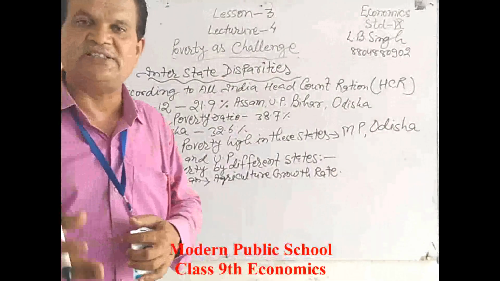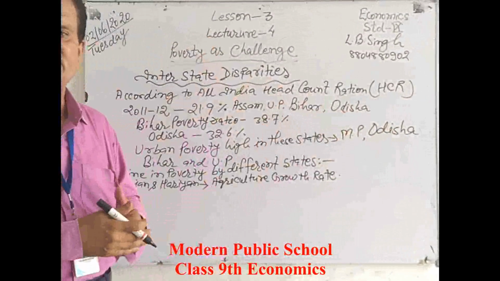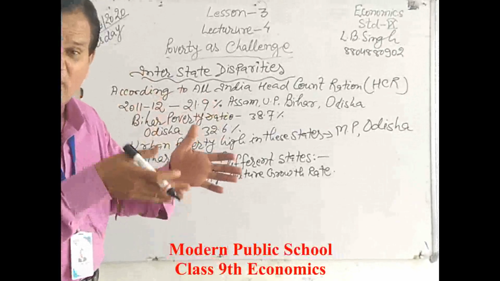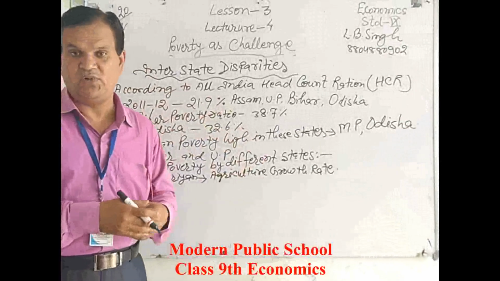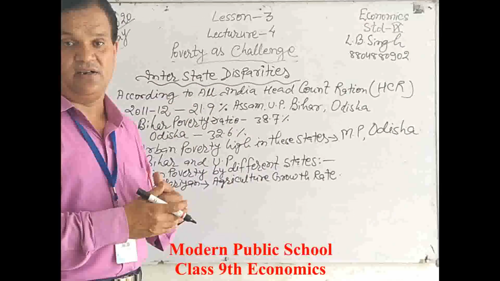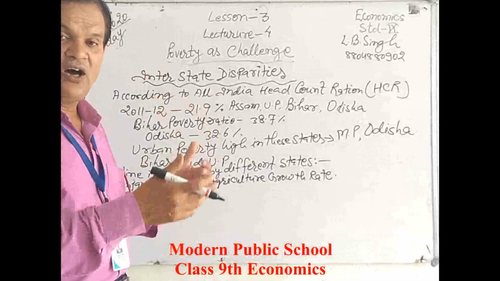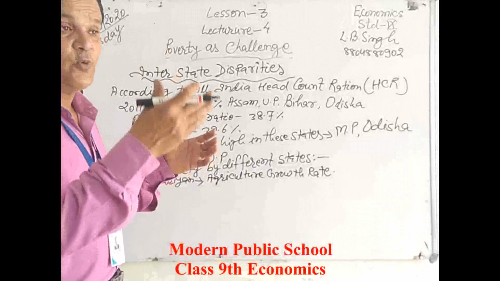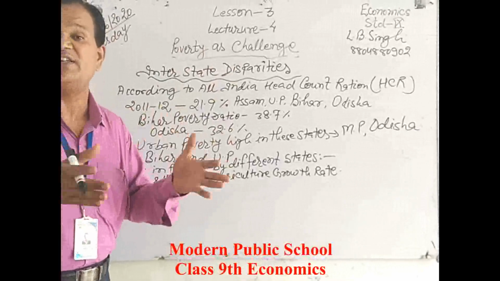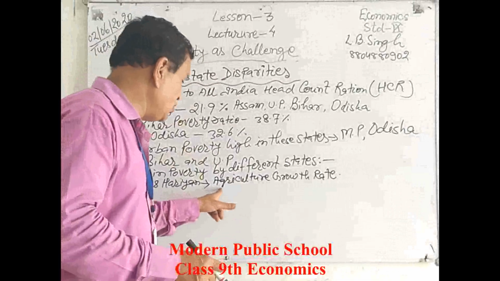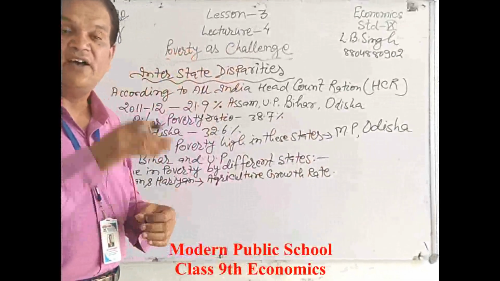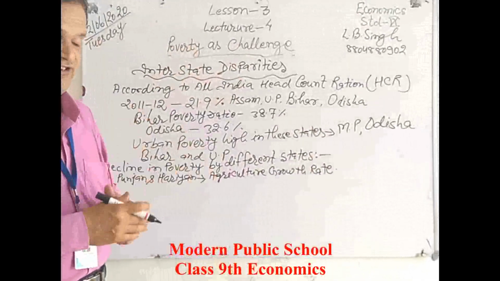Most of the food grains are supplied in different states from Punjab and Haryana. This is the time of COVID-19. A lot of people are suffering from hunger. So state governments are taking grains from Punjab and Haryana and distributing among their people for their survival. So due to the agriculture growth rate, Punjab and Haryana reduced their poverty.